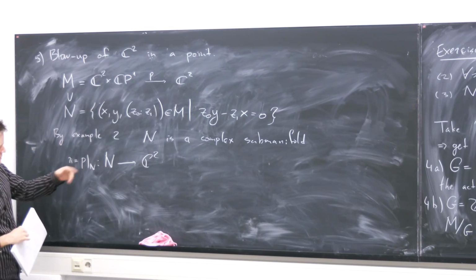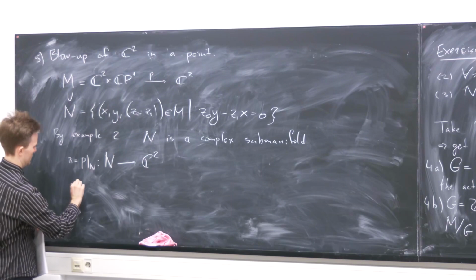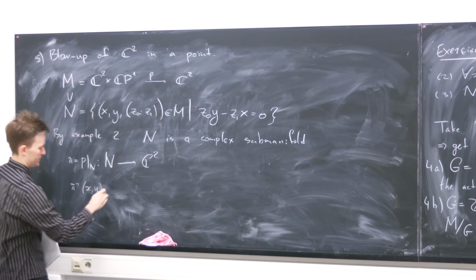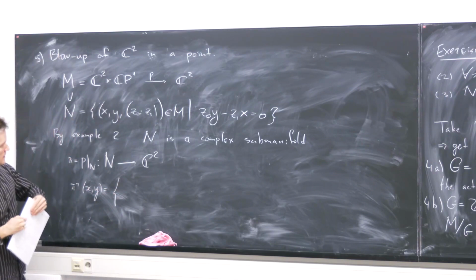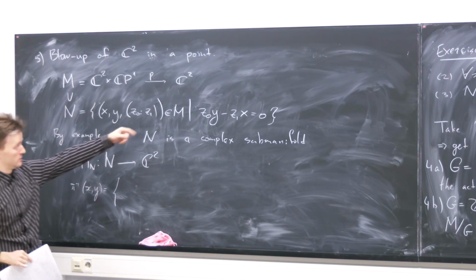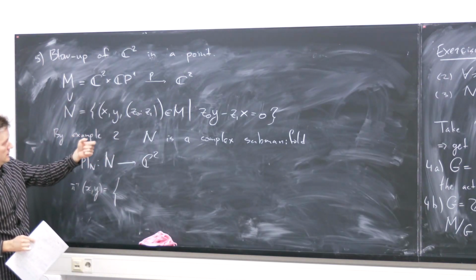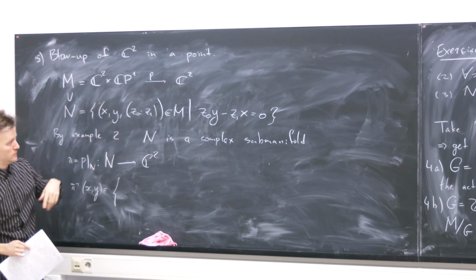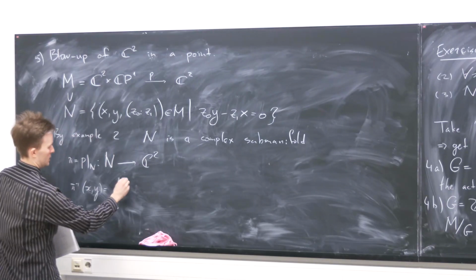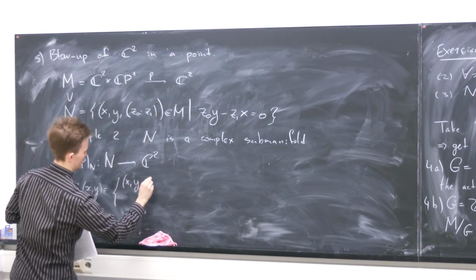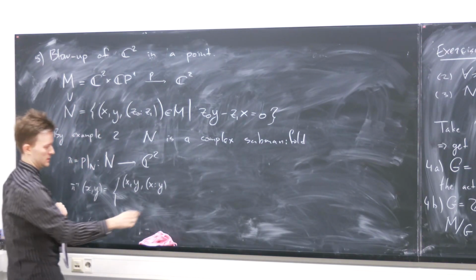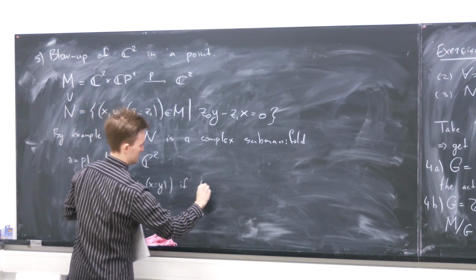If I take some point (x, y) which is not the origin in C^2, then the point (z0, z1) is uniquely determined from this equation: it is the point in CP^1 with homogeneous coordinates (x, y), since this is not 0.